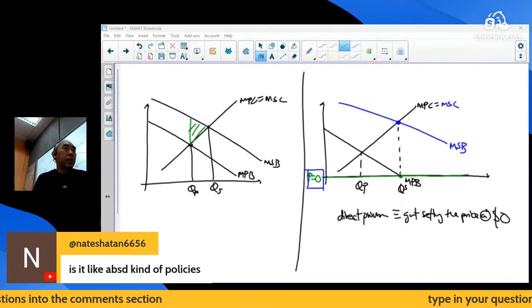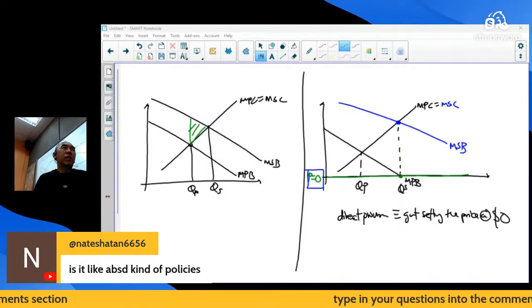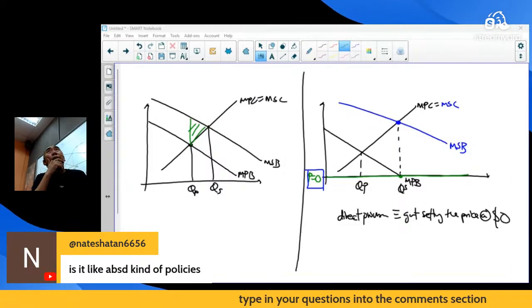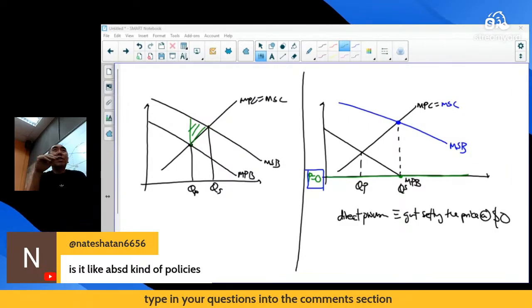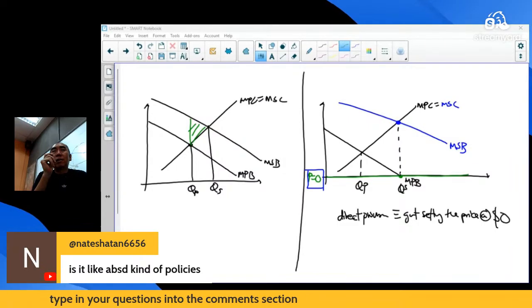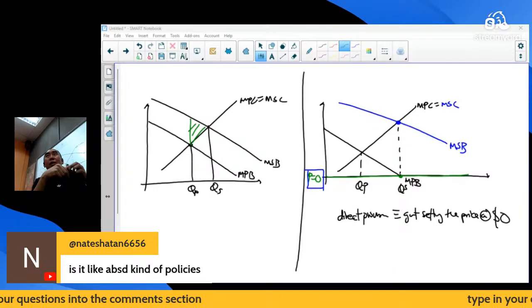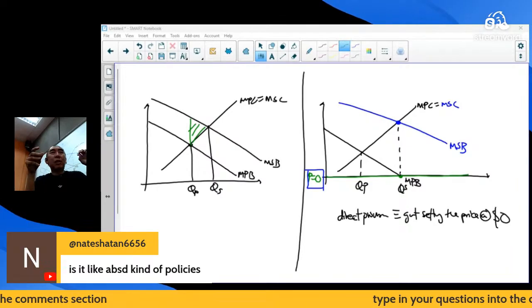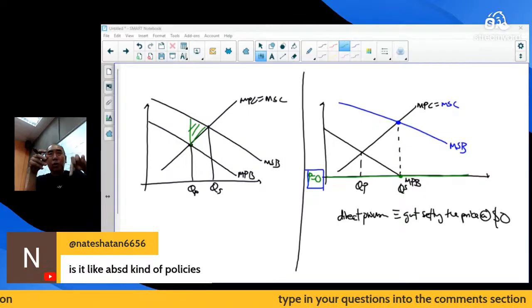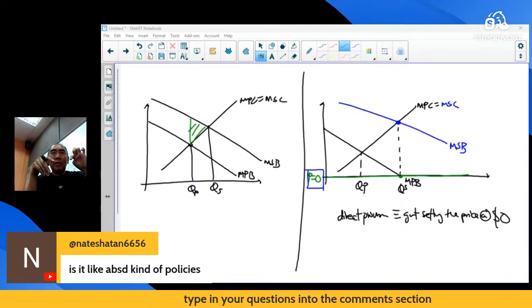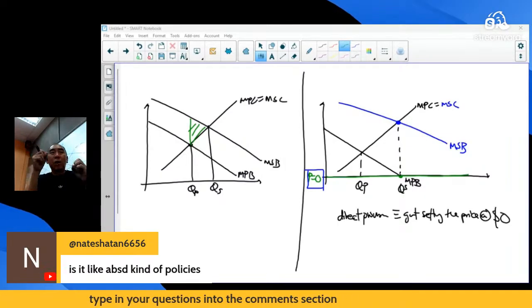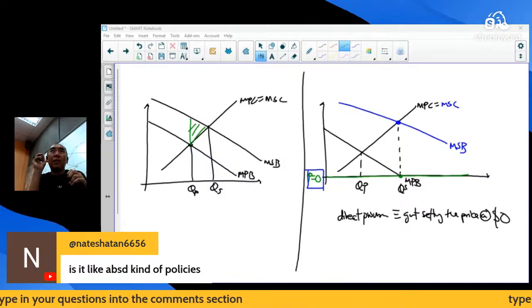Is it like an ABSD kind of policy? ABSD is actually a tax rather than legislation per se. It is the imposition of a new tax, because additional buyer's stamp duty, the letter D stands for duty, is a form of tax. So ABSD is classified as a direct tax.